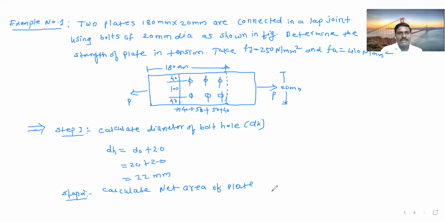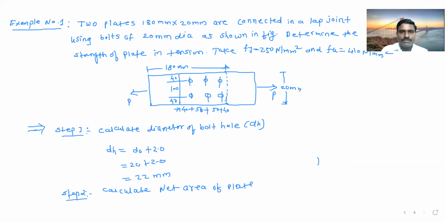Here, this net area of the plate we use in the formula for rupture of critical section, TDN, which we use in step 4. So there we require the net area. For this plate, which net area is required is very important. If we solve the example, you will become expert.